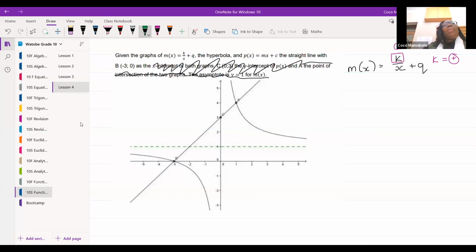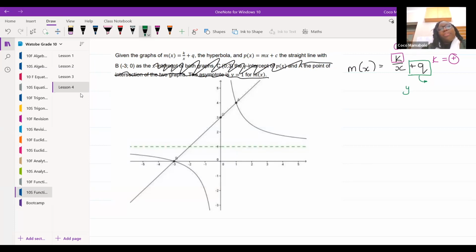Now, what do we know about this number over here, usually the number that goes by q? What do we usually do with this number? It's y what? Our y what? Not intercept, not intercept.